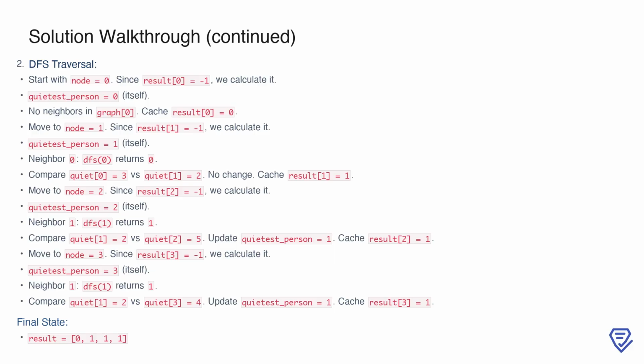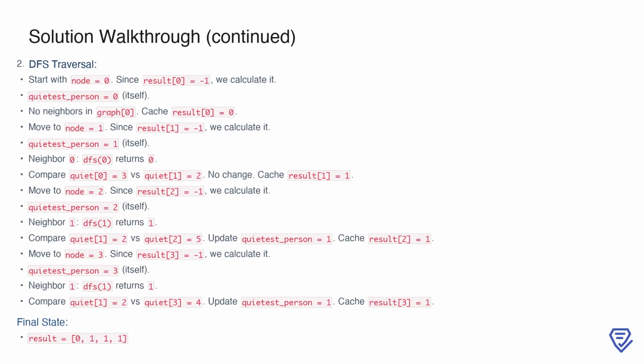Then, for node equals 1, we again see its result is uncomputed, so we begin by setting quietest_person equals 1. Here, node 1 has a neighbor, node 0, so we perform DFS(0), which returns 0. Comparing the quiet values, quiet[0] equals 3 and quiet[1] equals 2, we find that node 1 remains the quietest, and we cache result[1] equals 1.